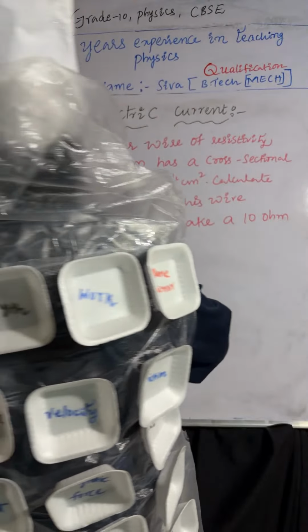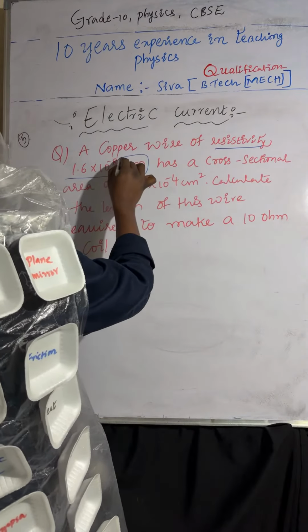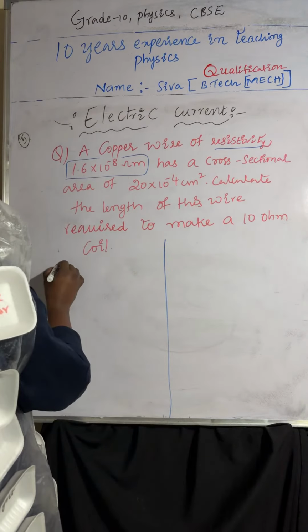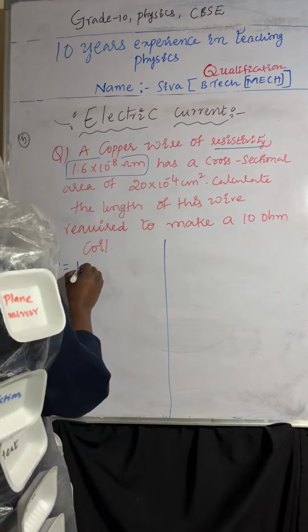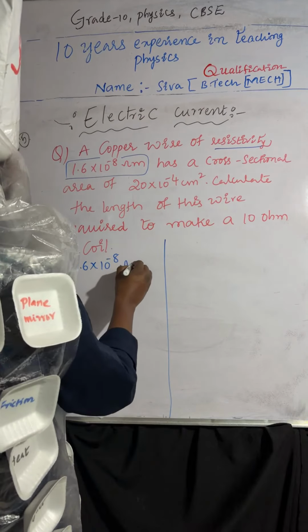So your resistivity is given. Resistivity is in ohm meter. Resistivity equal to 1.6 into 10 power minus 8 ohm meter.